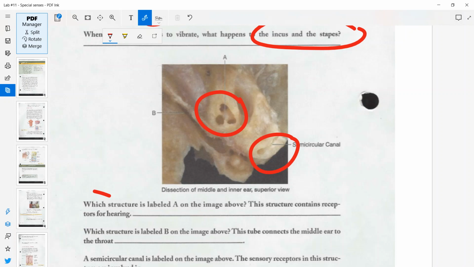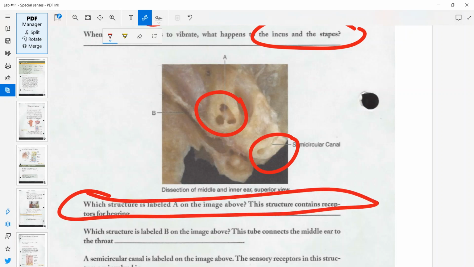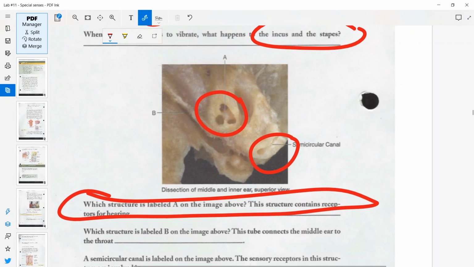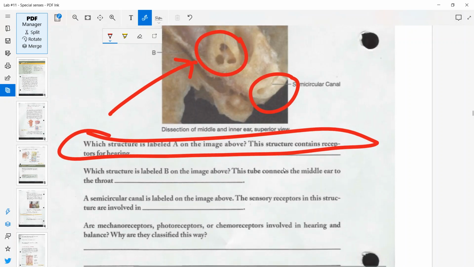Cochlea contains the receptors for hearing. Structure that is labeled B here, it's a tube that connects the middle ear to the throat, and it's pharyngotympanic tube.